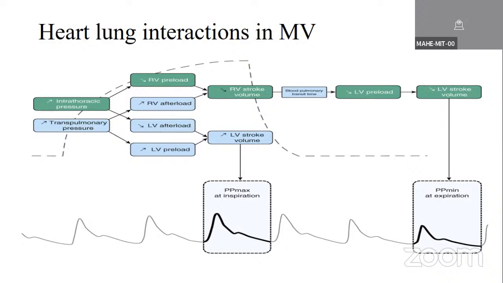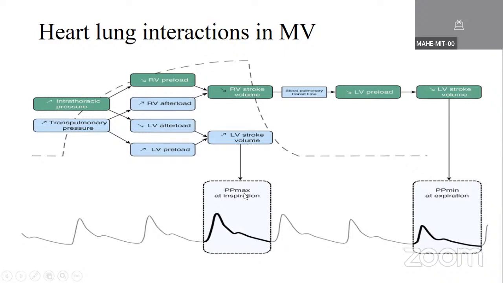inspiration. Whereas because of high intrathoracic pressure, the transpulmonary pressure is increased and causes a decrease in LV afterload and an increase in LV preload, thereby causing increased LV stroke volume. So here you can see at the end of inspiration, an increase in LV stroke volume and a decrease in RV stroke volume.